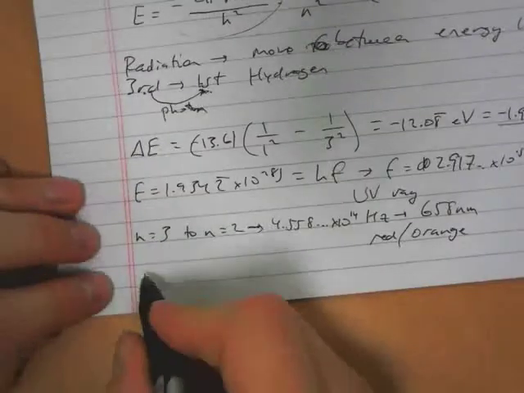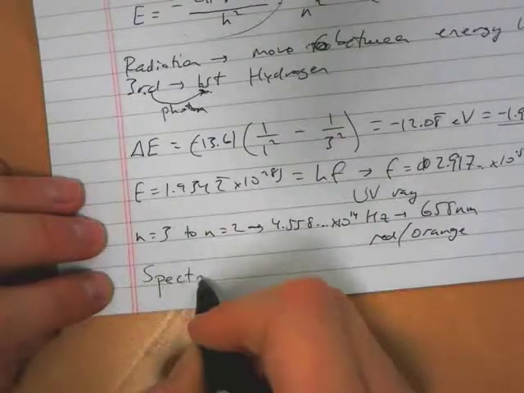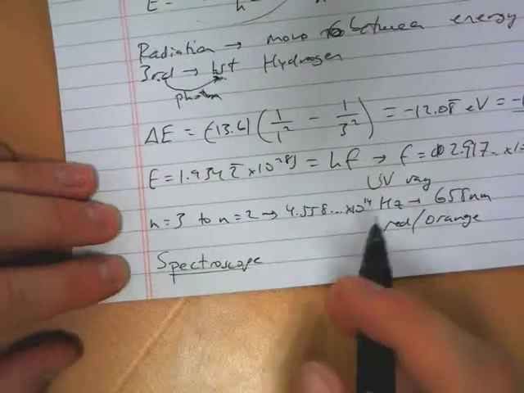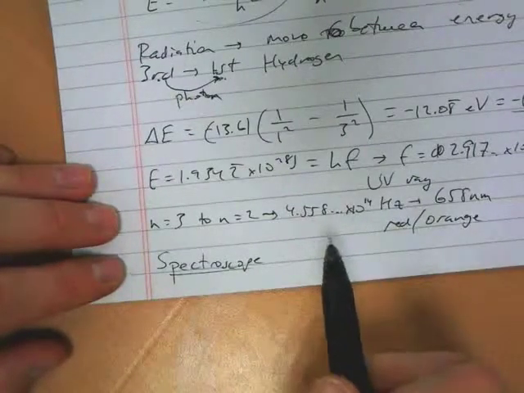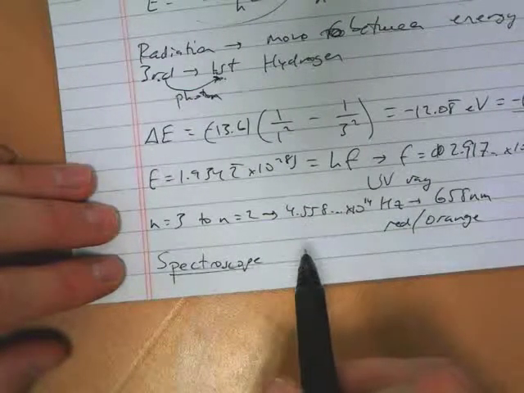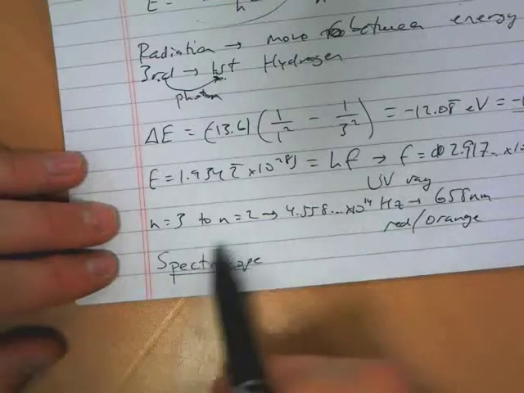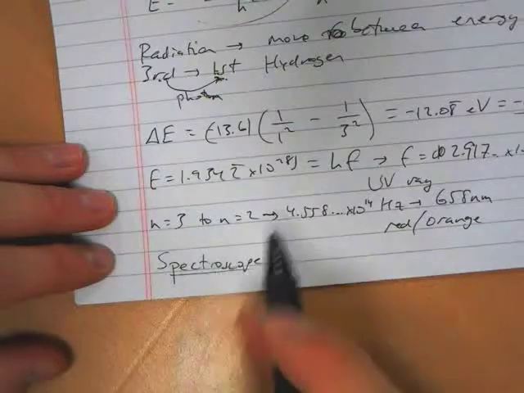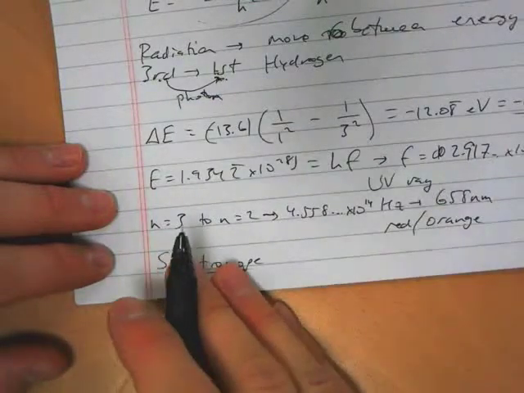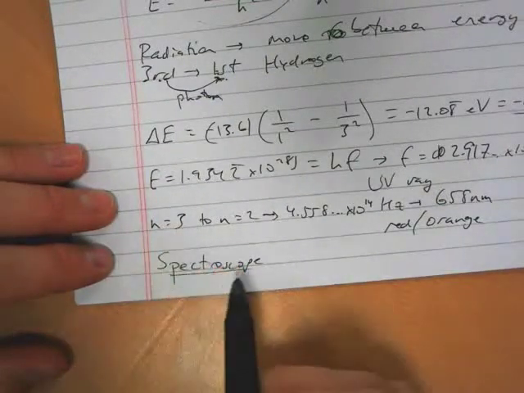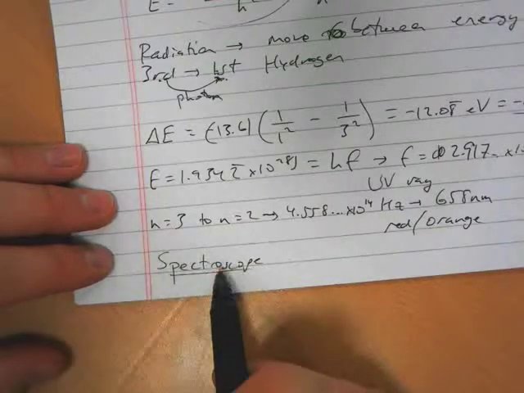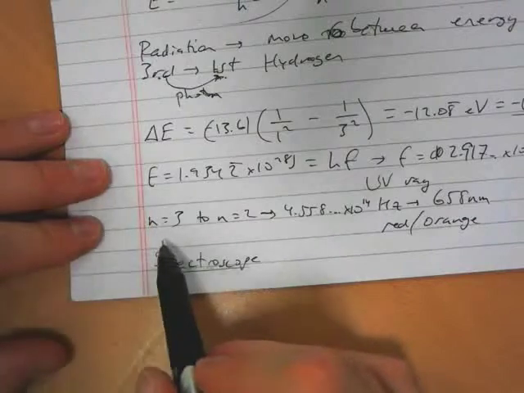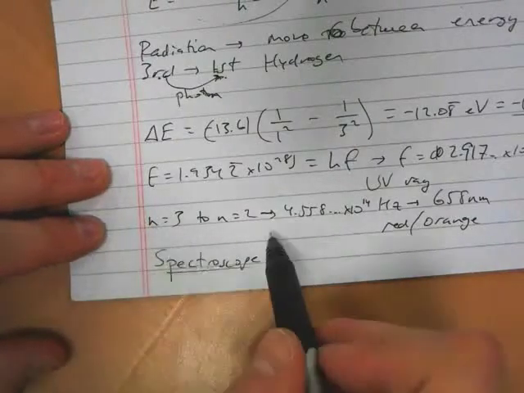We have these things called a spectroscope, and what they typically have is they have tubes full of an ionized gas of a particular atom. If we're looking at this, it would be hydrogen. And if you run a current through that, then the electrons will get excited and then emit radiation as they go back down to their lower energy levels. And there are different lines that you see, and I think there are 3 or 4 of them that are in the visible spectrum.